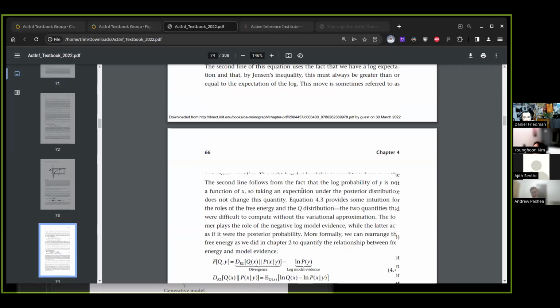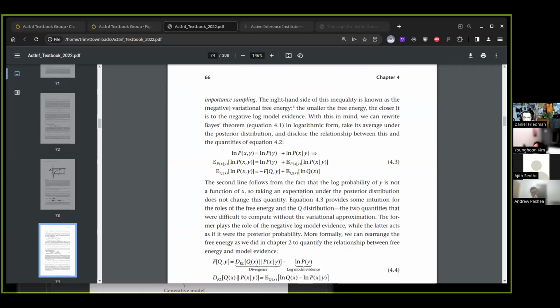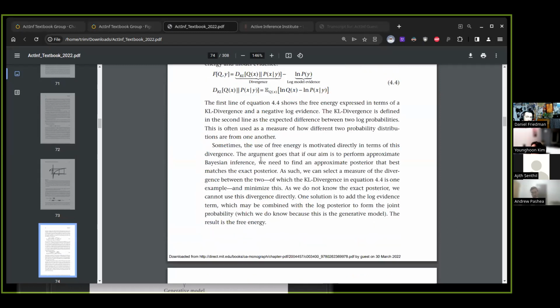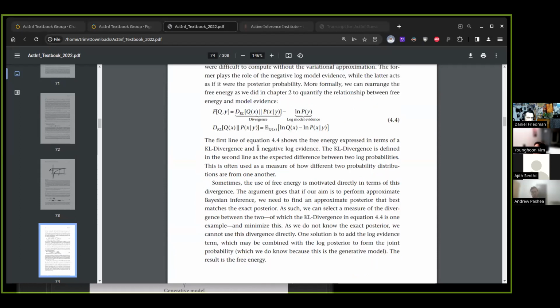This is also known as energy-based methods or energy-based learning or variational methods going back decades. So this is not invented by active inference at all. It's also called the evidence lower bound in Bayesian statistics. And this is just applying that methodology, approximate Bayesian computation with a variational flavor, not the sampling flavor, to the question of perception.